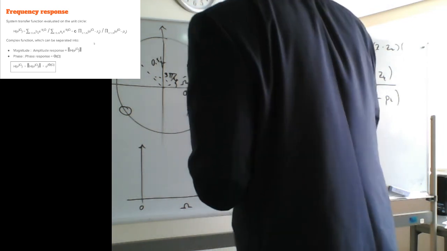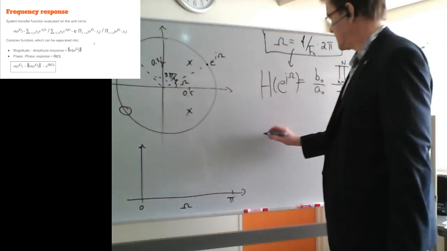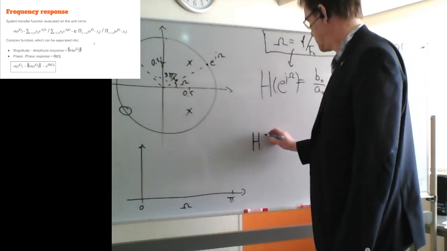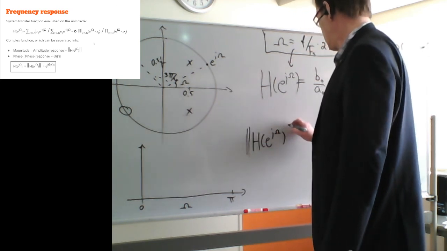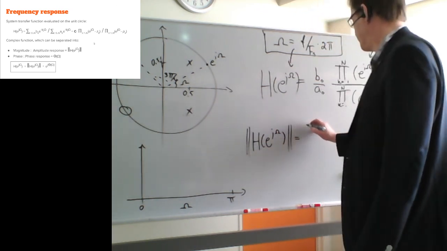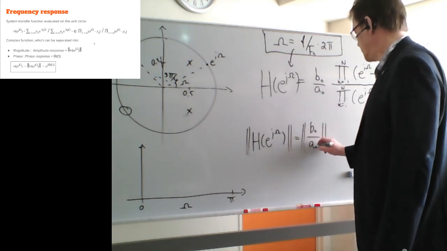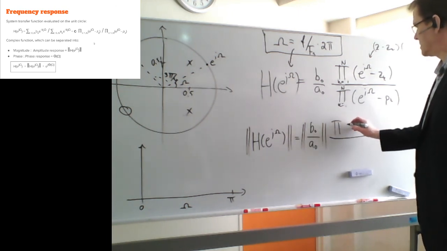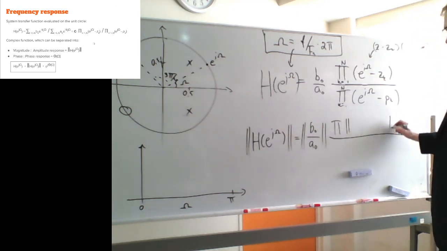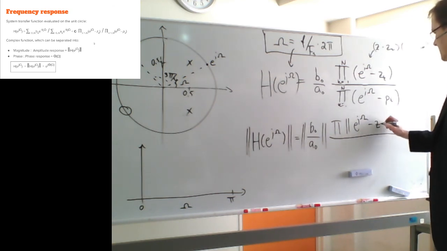So let's first sketch a little bit what happens to the magnitude response at different angles. We have B0 over A0, and then a product of the norm of e to the j omega minus zk.